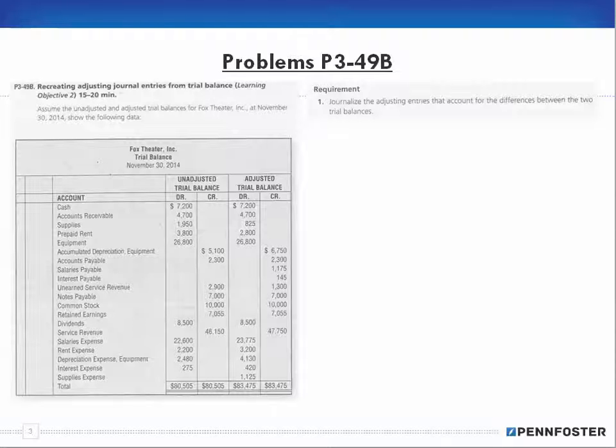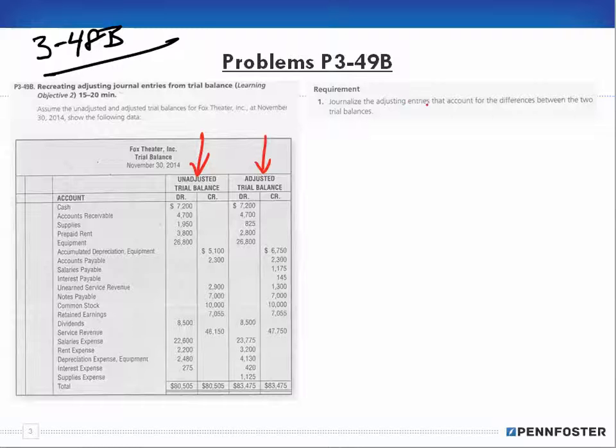I'm just going to pick up where I left off. Realize that if you looked at the 3-48B problems, we had gone through adjusting entries. In this particular problem, it says assume this is an unadjusted trial balance, and then these are the adjustments that were made.